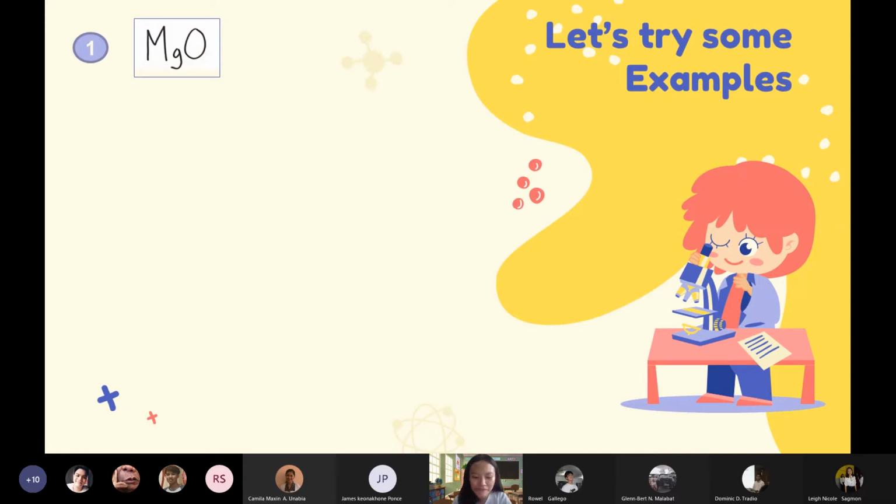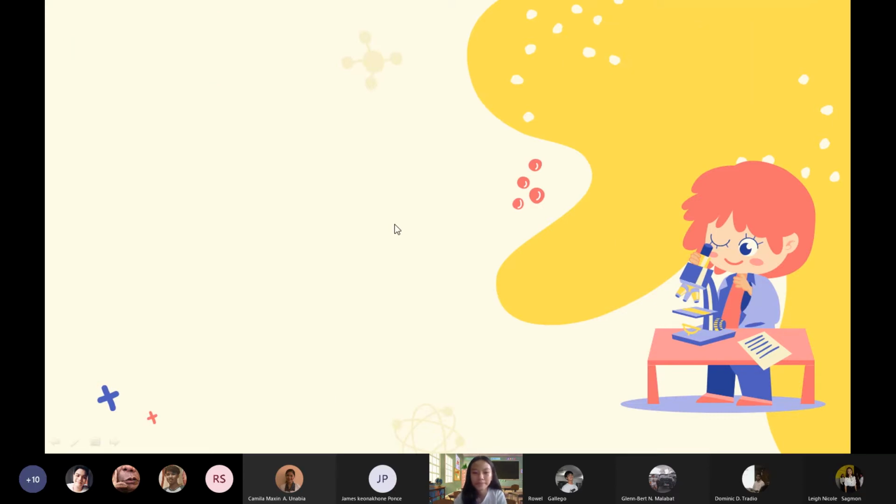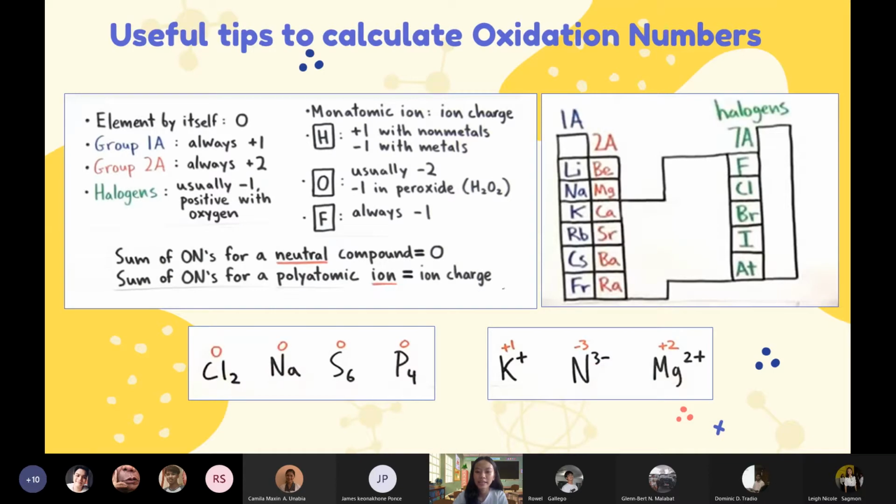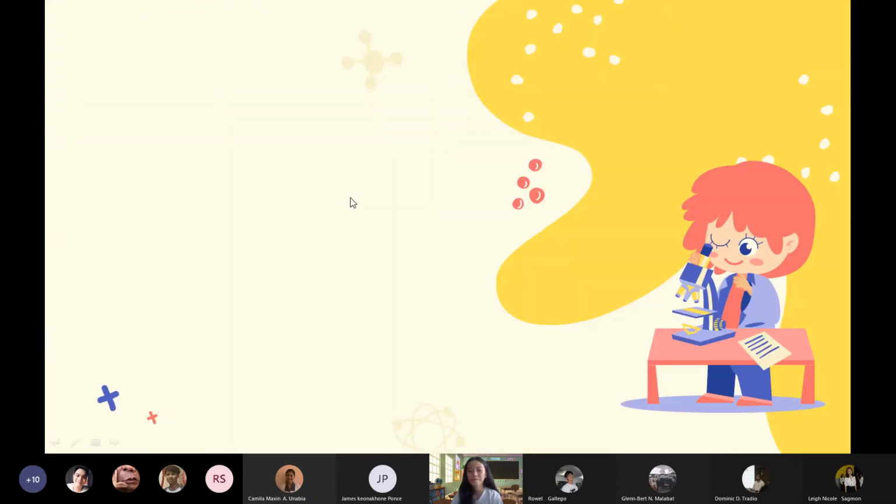MgO. So let's go back to our table. Look, the Mg belongs to 2A. Here, this one. You can see my pointer. It belongs to 2A, and the rule is that group 2A is always +2.